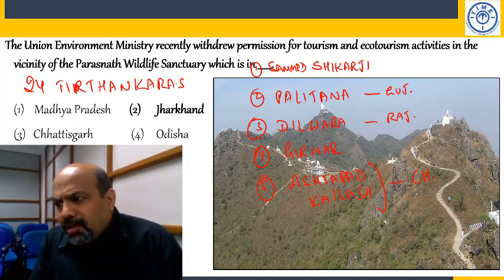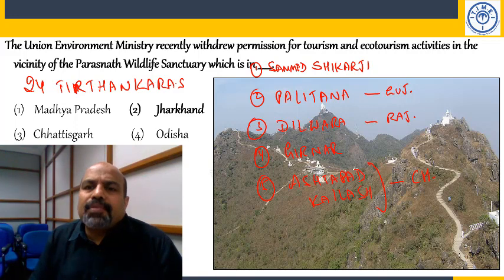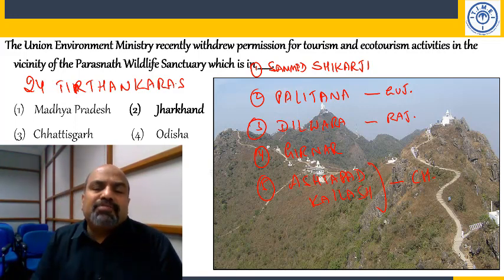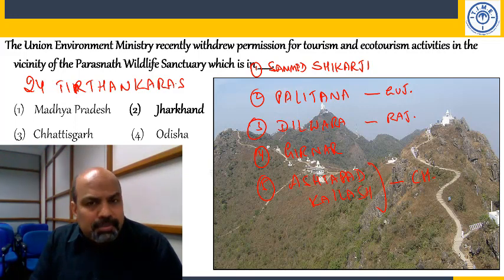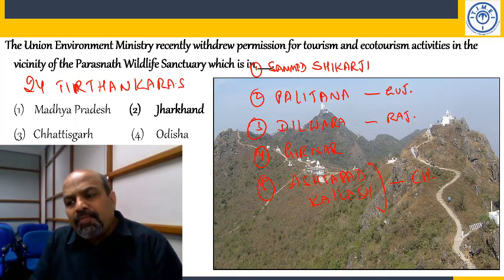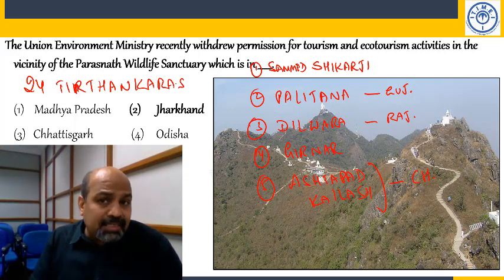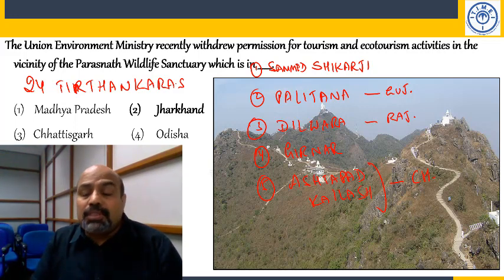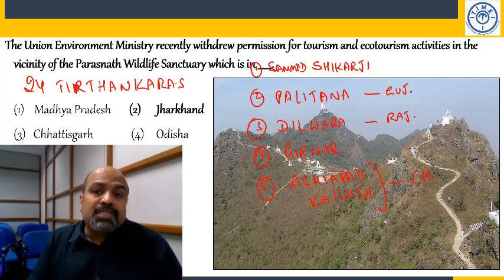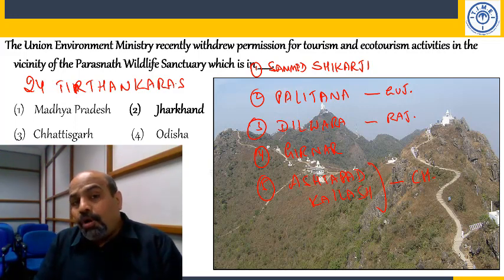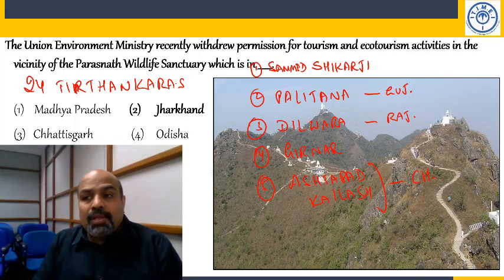Now, the objection of the Jain community to the designation of the Parshnath Hill Wildlife Sanctuary as a tourist place was that once it is defined as a tourist place, it would be open to the development of hotels and other commercial activities, which could also include killing of animals, and serving of alcohol and meat.